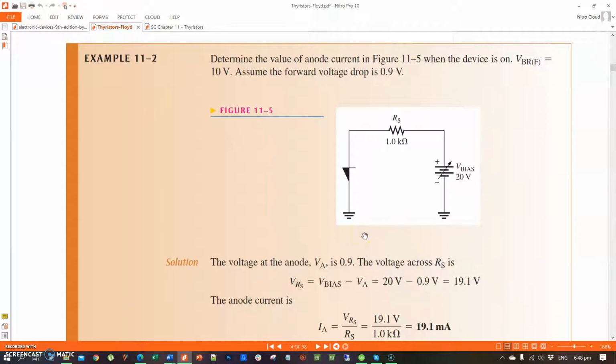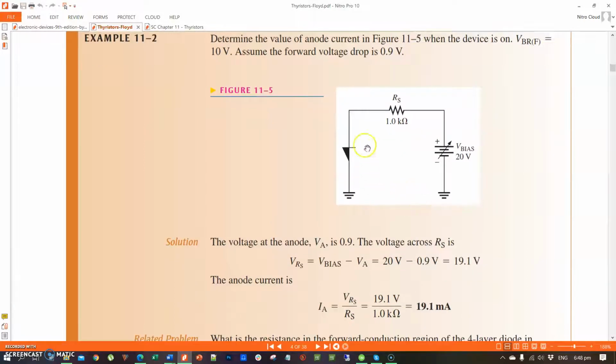Determine the value of anode current in figure 11-1 when the device is on. Then the breakover voltage is 10 volts. Assume the forward voltage drop is 0.9 volts. First, you're going to make a loop here.